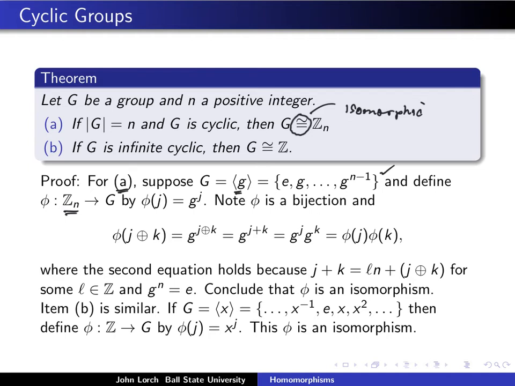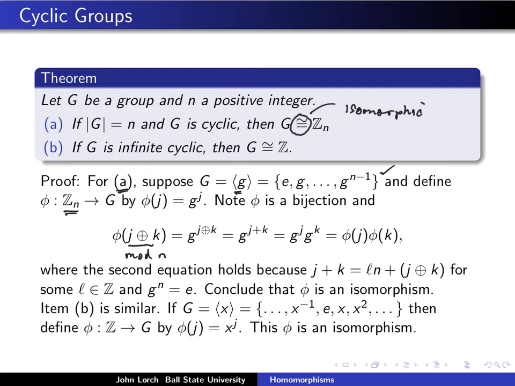So we apply phi to this sum, j circle plus k, where the circle plus indicates that we're computing the sum modulo n. By definition of phi, that's g raised to the j circle plus k power, where again the addition is modulo n.